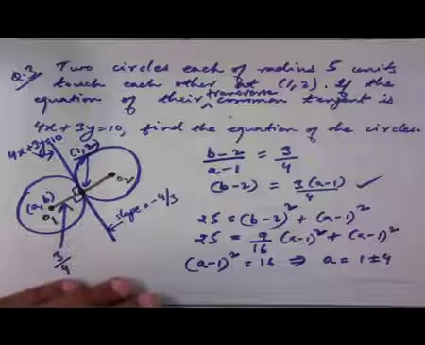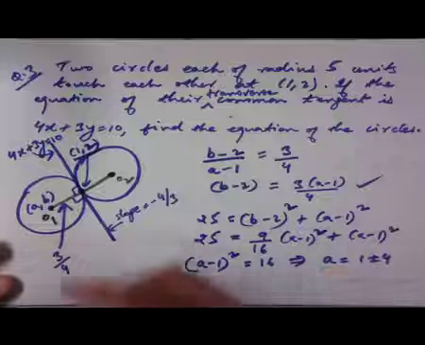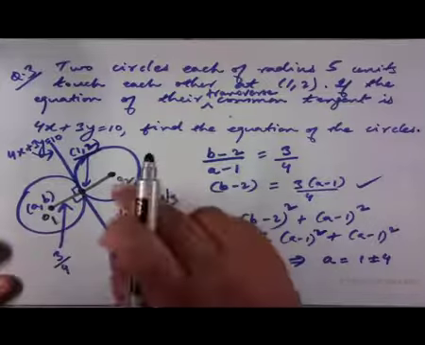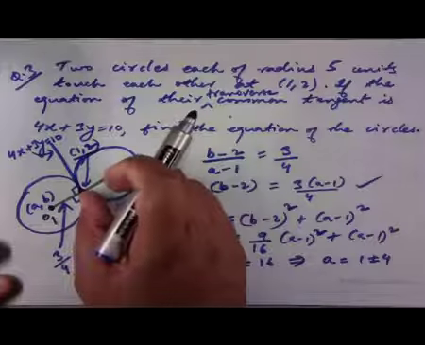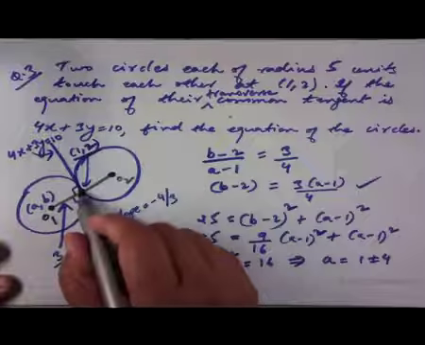So, therefore, we have two values for the x coordinate. In fact, these two values will correspond to the x coordinates of both these centers, because the center of the second circle is also at a distance of 5 units from this point of contact.